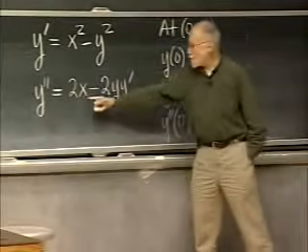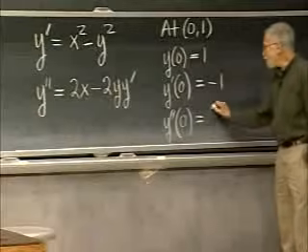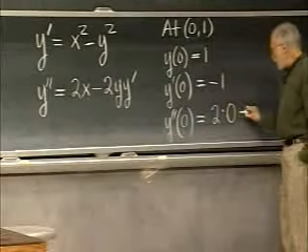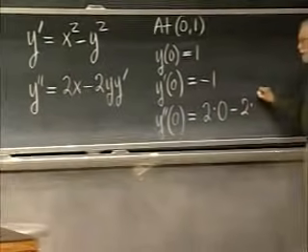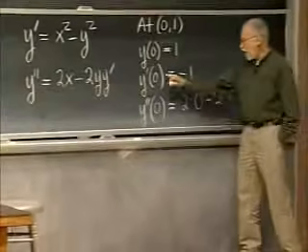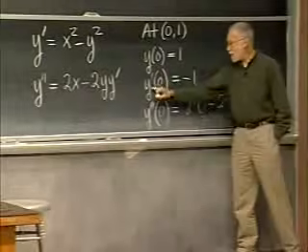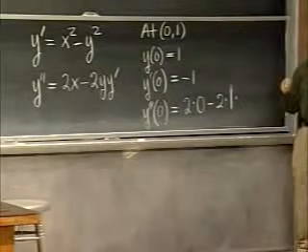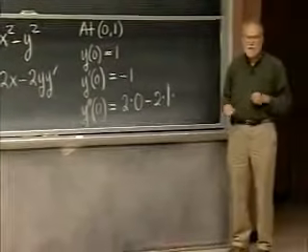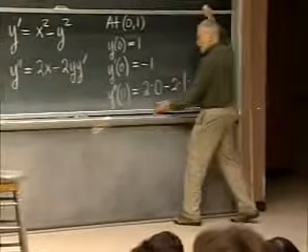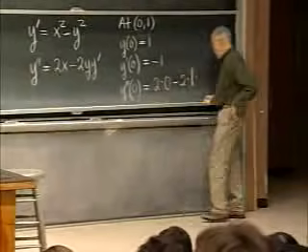Well, it is, I'll write it out. It's 2 times 0 minus 2 times y, which is 1, times y prime, which is negative 1. You want to see we're pulling ourselves up by our own bootstraps, which is impossible, but it is not impossible because we're doing it.